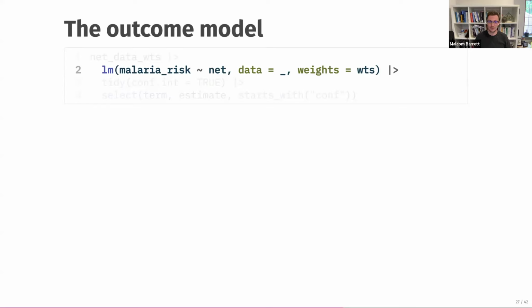It's a marginal linear regression model because malaria risk is a continuous variable. And we've got net on the right-hand side. That's the variable we're interested in. So remember, in these two populations, there should be no other factors that are contributing to the relationship between these two. Ideally, we would have closed all of those confounding effects and now just have the true effect, whatever it is.